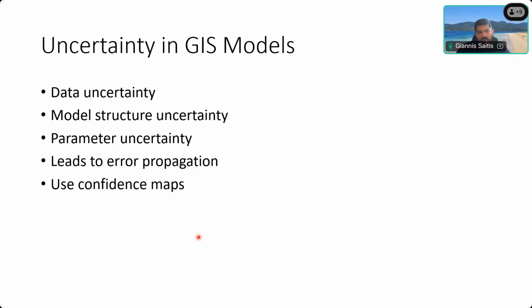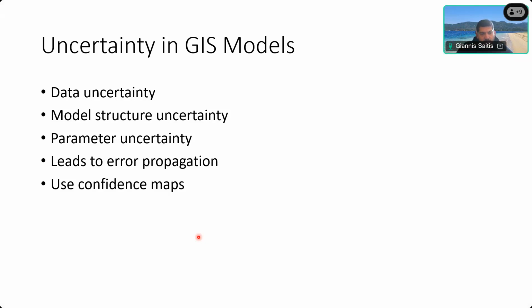If you have a problem in the first case, and we can put a value, say 1, then through the process the 1 can become 5. So that's why we have the error propagation in the models.